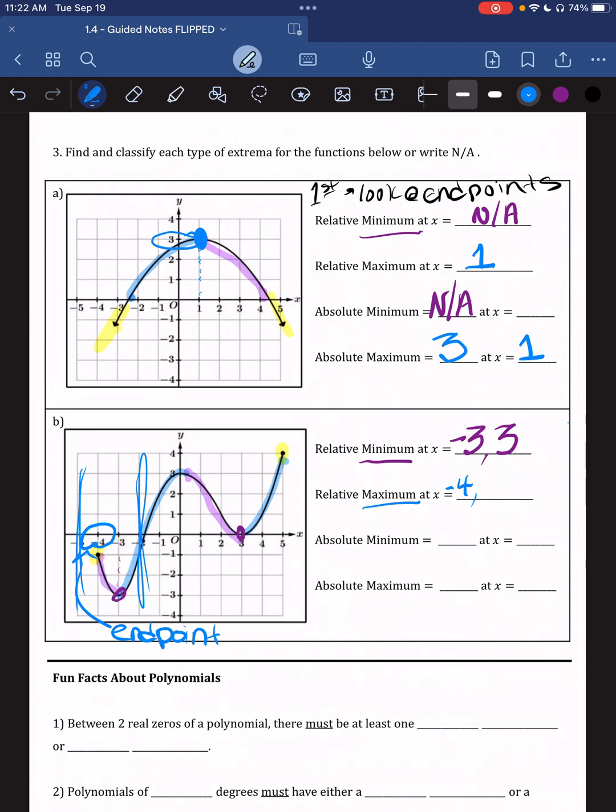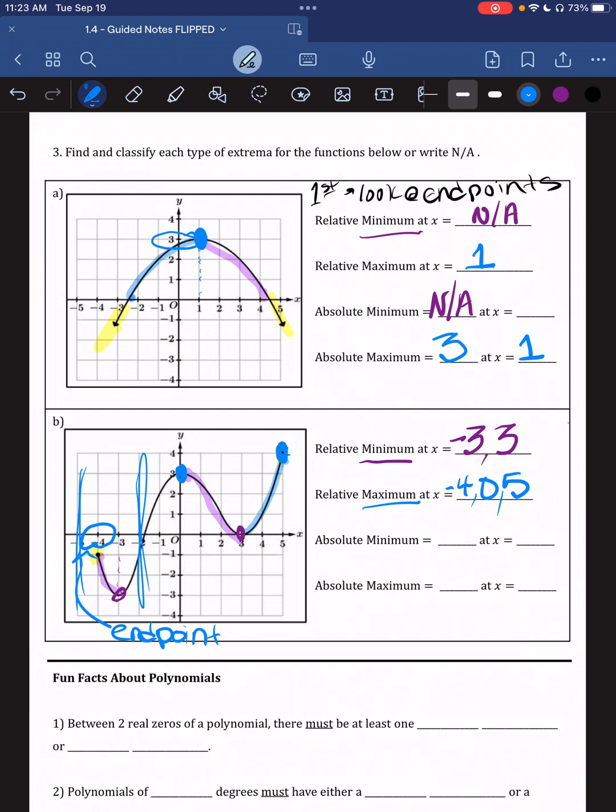We also see that happen here at x equals 0. And if we continue on, we'll also notice that this endpoint is also a relative max, so that would also be at x equals 5, again because it is an endpoint.